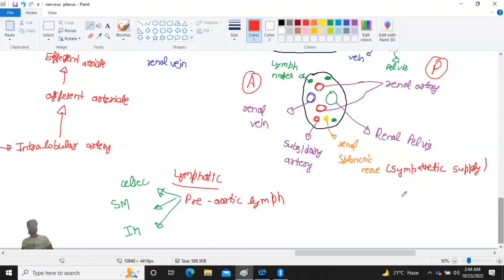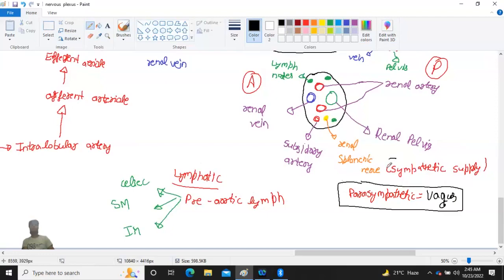And we know nerve supply, and parasympathetic is from vagus. This is from vagus. Then is the nerve supply and lymphatic drainage.